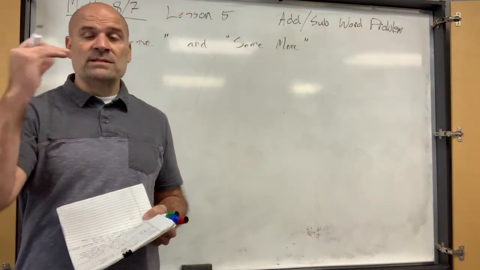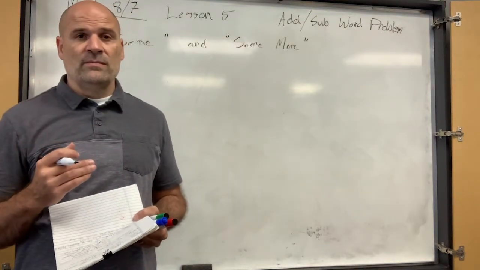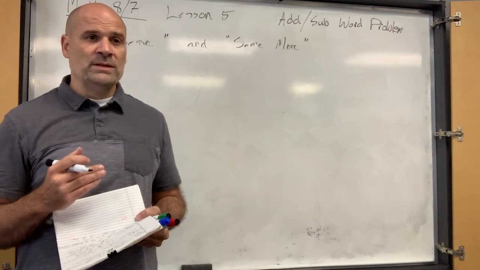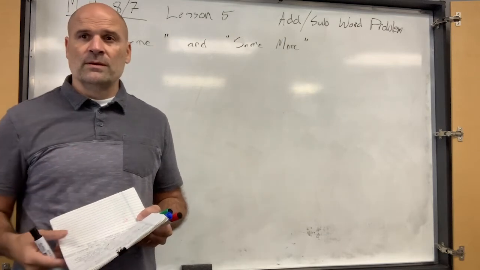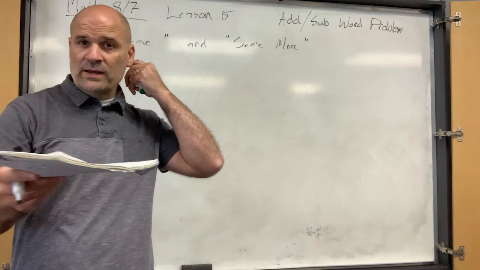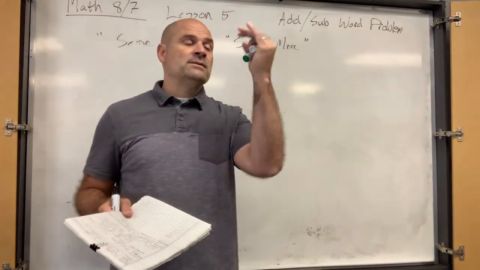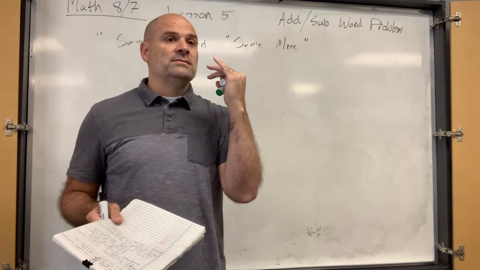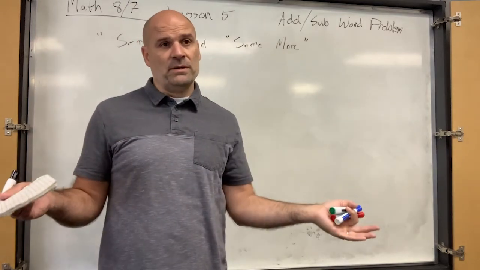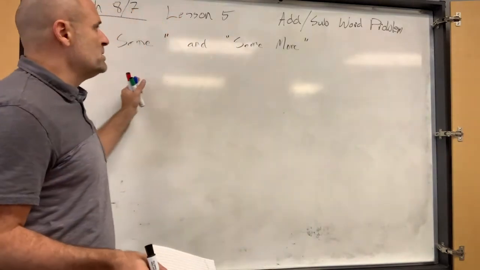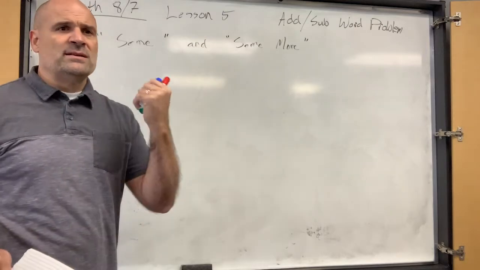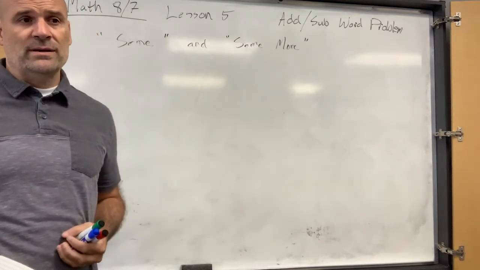If I was given Xavier's test score, then what kind of problem would that be? Addition, because if Xavier got a 93 and Austin got 7 more than Xavier, then now it's an addition problem. So just because these words are in there doesn't mean it's addition, doesn't mean it's subtraction, okay?